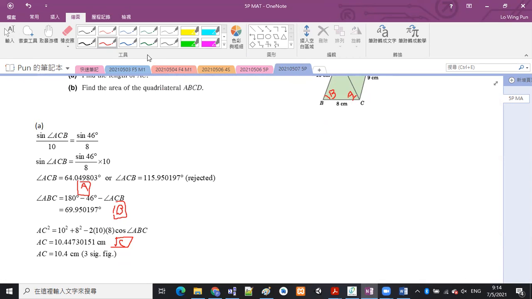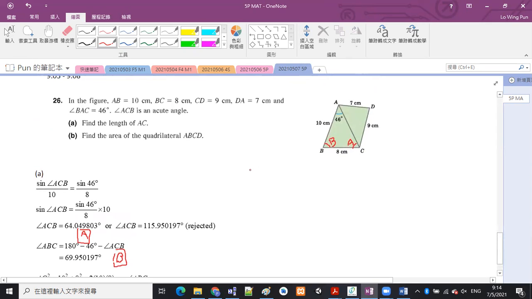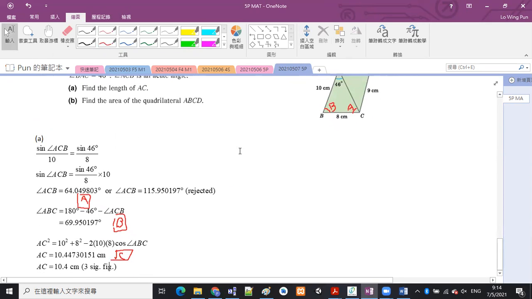Stand up. And then part B, so find the area of the quadrilateral ABCD. Again, same question. And it is already divided into 2 triangles. So we need to find the 2 triangles separately. Okay? So in part B, for triangle ABC, the triangle on the left, we have all the lengths and all the angles.